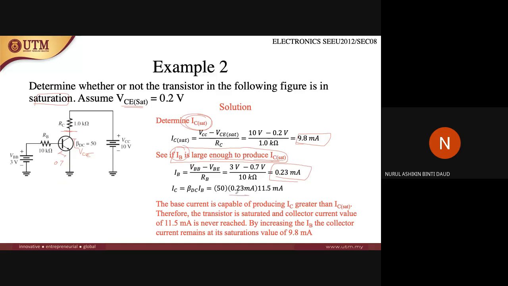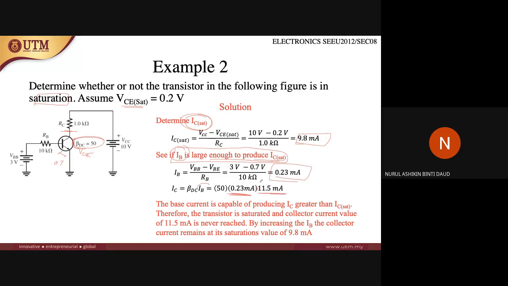Now, 0.23 times beta DC, which is given to you, equals 50 times the value of IB, 0.23 milliamps, and you will get 11.5 milliamps.